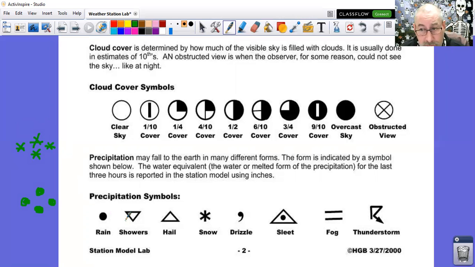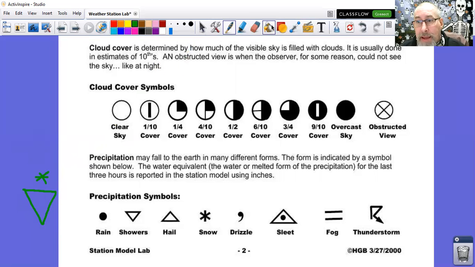We can also designate showers with specifics. So we can have snow showers. If we put the symbol for showers and we put the symbol for snow, this tells me that it's snow showers. Pretty cool, huh?